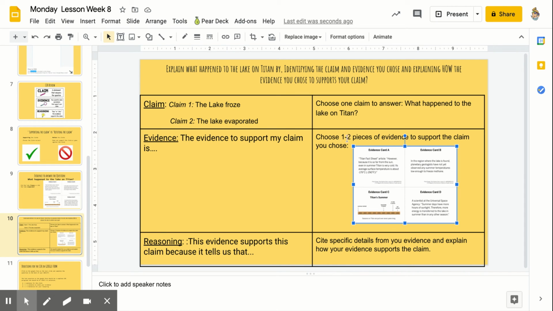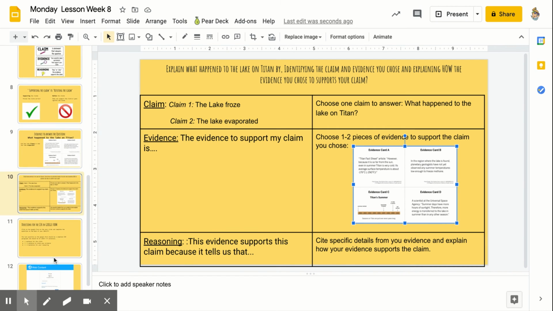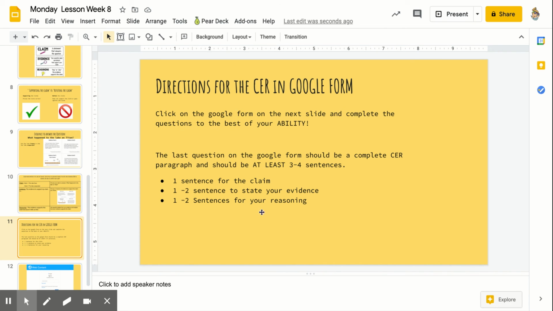That means you have a claim statement, one or two evidence statements that just state what your evidence is, and then 1 to 2 sentences for your reasoning. As you write the CER in the Google Form, which you'll click on the next slide, please make sure that you complete that last question with a complete paragraph.